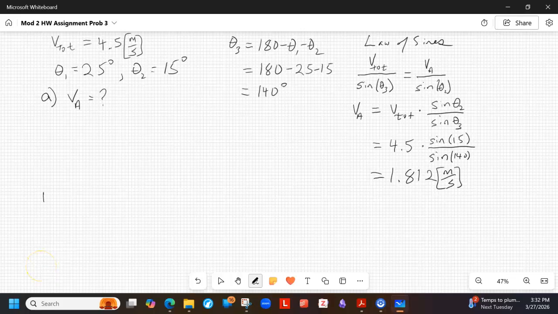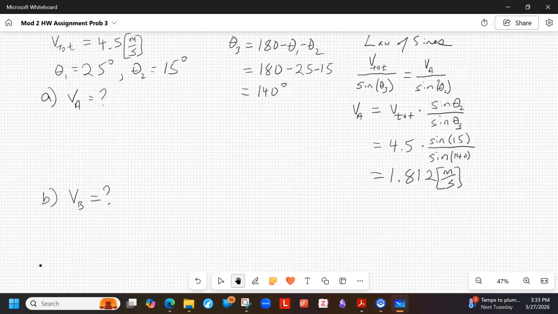Okay, so for part B, we're supposed to find the magnitude of the vector VB. So that's our question. And we'll do it with the same approach. Basically, once we recognize that this is a situation in which the law of sines can be useful, that pretty much offers the strategy for solution.